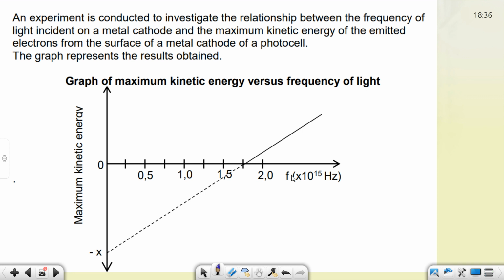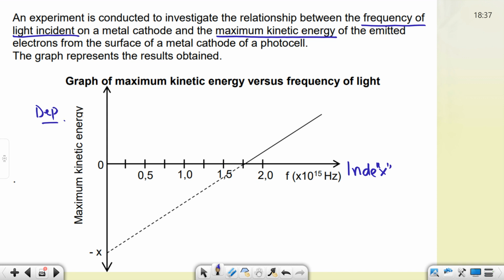It is the relationship between the frequency of light on a metal and the maximum kinetic energy. That's very important because once you get that corrected, you're good. One of them is definitely going to be an independent, and we know that our independent is always on the x axis. Independent on the x. Definitely our dependent variable would be on the y.